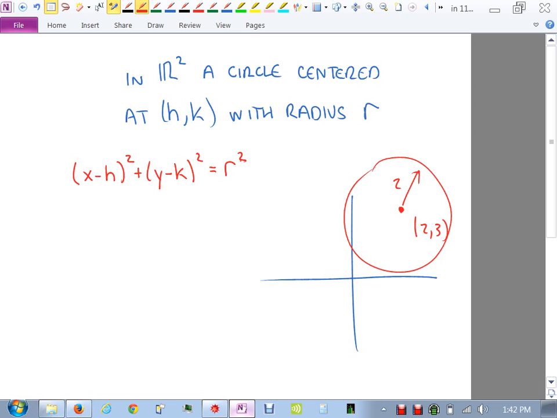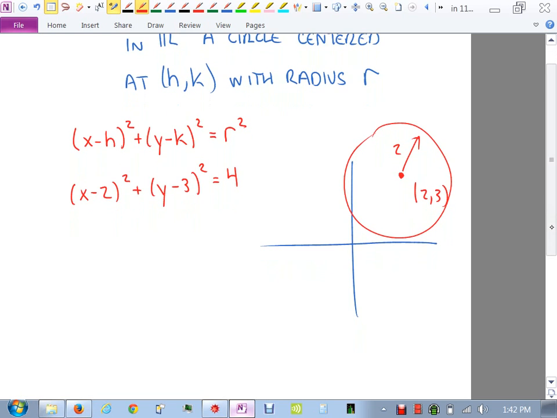And this particular circle I drew here, the equation would be x minus 2 squared plus y minus 3 squared equals what? r squared, so 4. And if I wanted to, just to have fun, I could actually expand those out, if I felt like just enjoying myself a little bit, I could multiply.